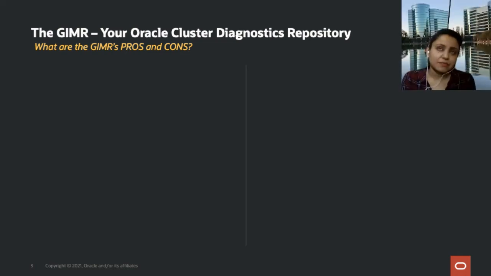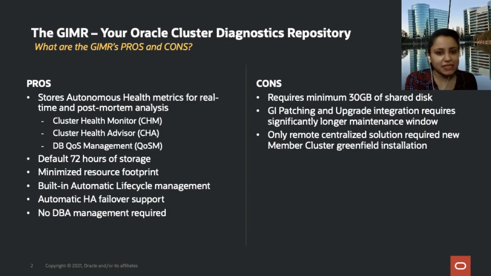Okay. Let's start with the pros first. The Grid Infrastructure Management Repository mainly stores autonomous health metrics for real-time and post-mortem analysis. There are many clients like Cluster Health Monitor, Cluster Health Advisor, DBQS Management, and Clusterware Activity Logs. All these clients store their collected metrics in the GIMR database.